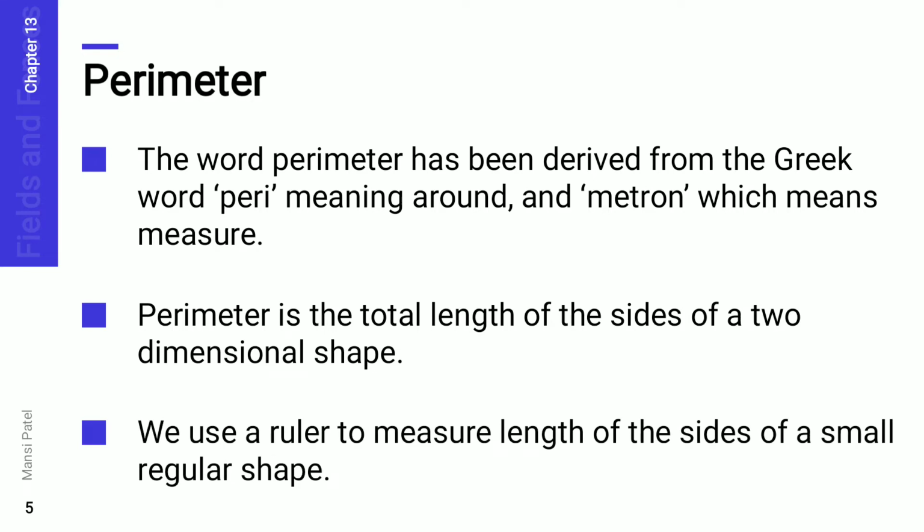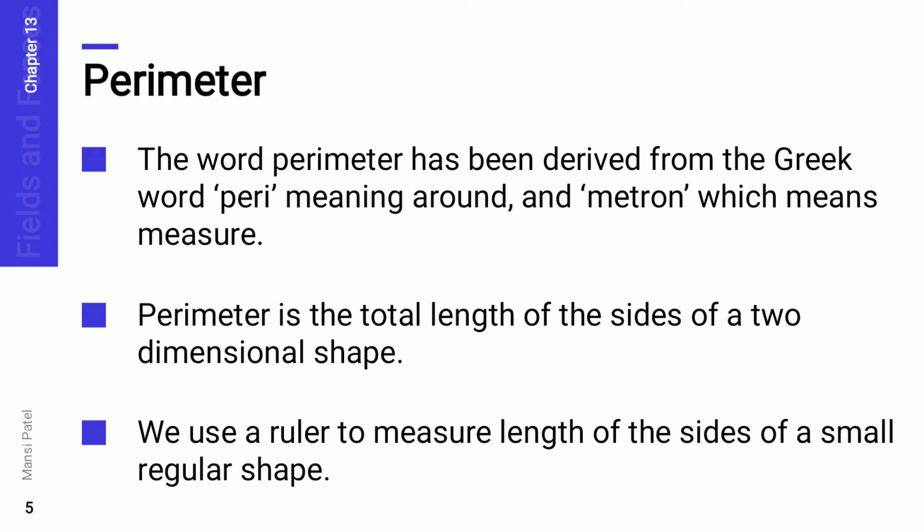If you want to measure the total length of that shape, then you can use a ruler to measure the length of all the sides. In our previous standard, we measured a line segment, or drew a line segment for the given measurement.